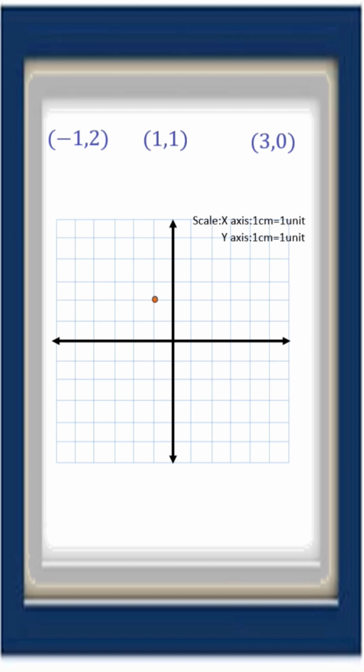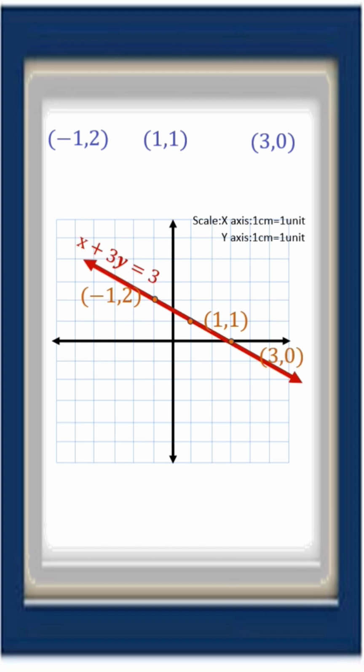Where does it come? This one. 1, 1. 3, 0. So let us join these points by a straight line. This line represents the equation x plus 2y is equal to 3.